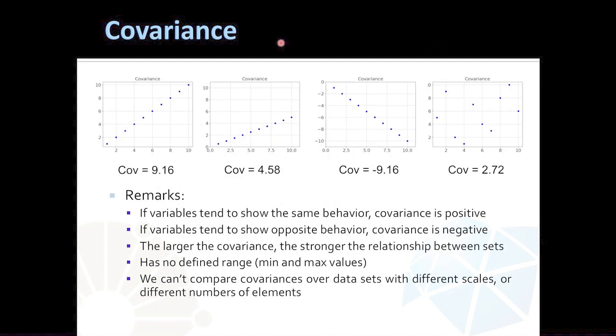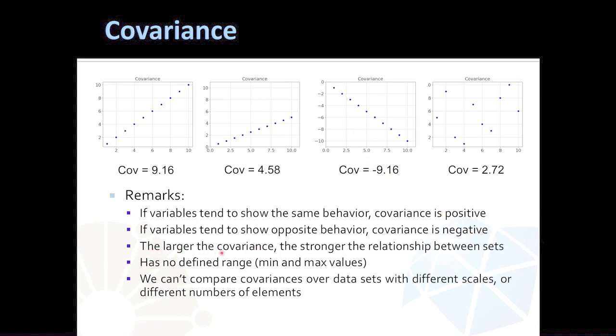Here we have some examples of bidimensional data sets and the value of the covariance for this data. Some remarks. If variables tend to show the same behavior, covariance is positive. If variables tend to show opposite behavior, covariance is negative.